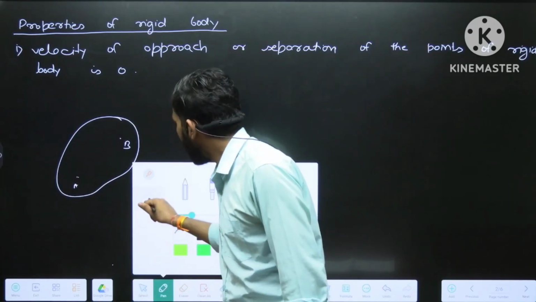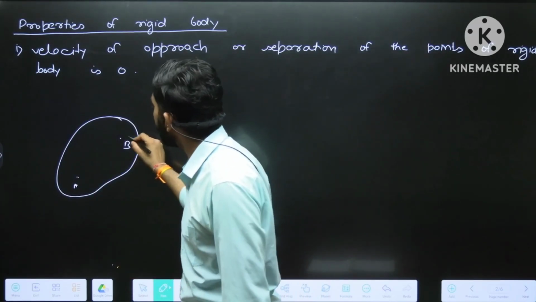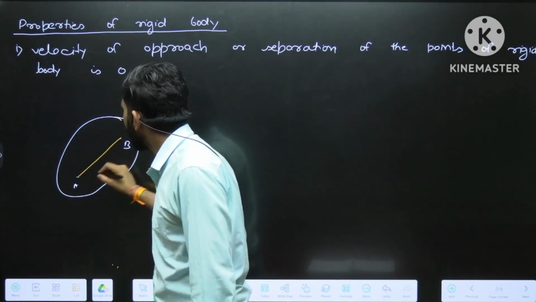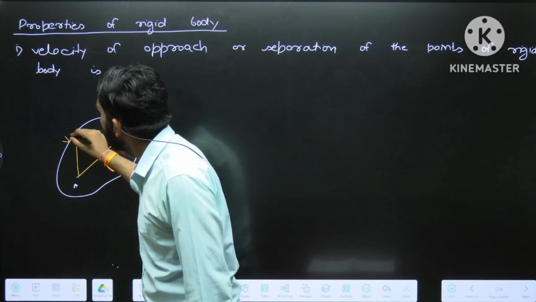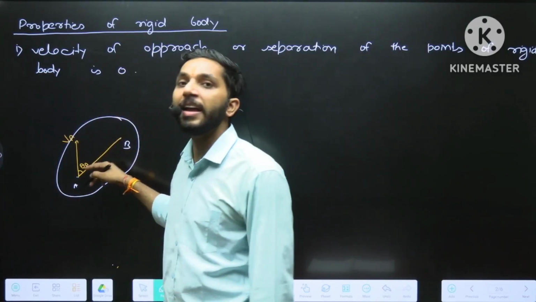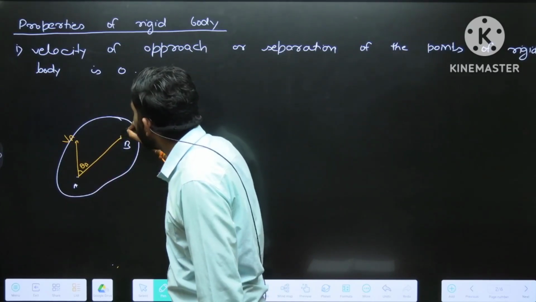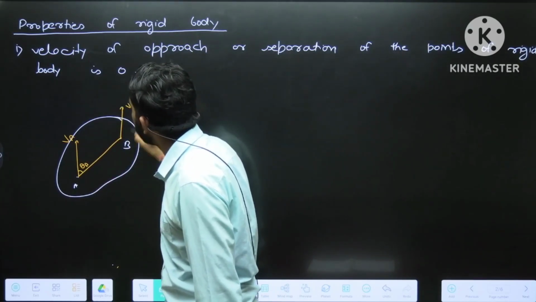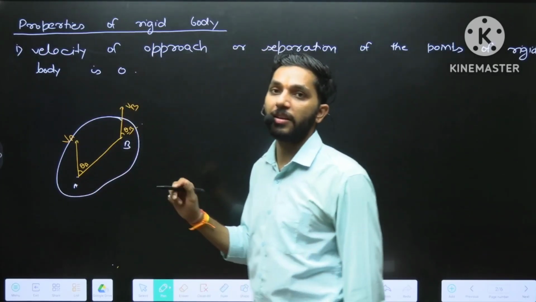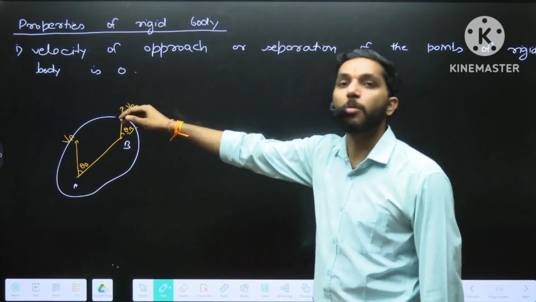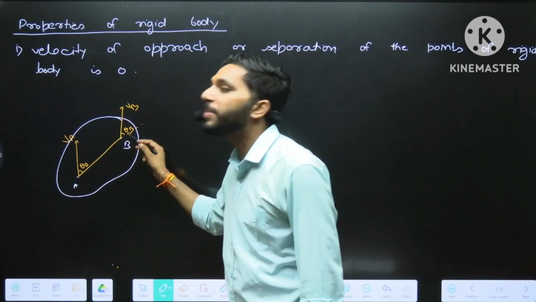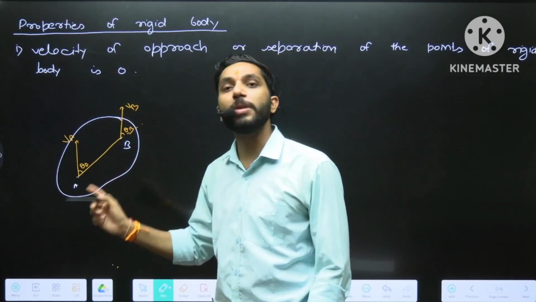It means if our rigid body is moving with different velocities, assume that the velocity of A is VA, this side, and this VA is making an angle of theta A to the line joining A and B. The velocity of B is taken as VB, and this VB is making an angle of theta B with the line joining A and B. In that case, if it is a rigid body, then the velocity of approach or separation of the points A and B will be 0.